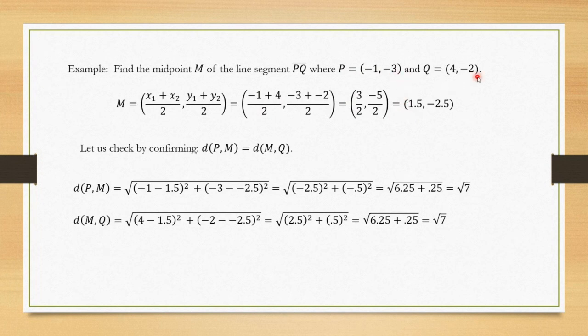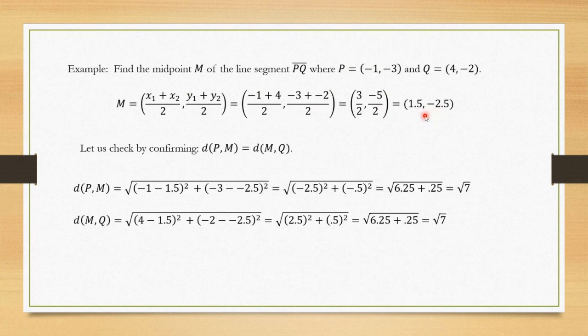We add the y-coordinates, negative 3 plus negative 2. We divide by 2. That's negative 5 over 2, and we get negative 2.5. So I'm just using the midpoint formula. That's all I'm doing. So this is our midpoint.